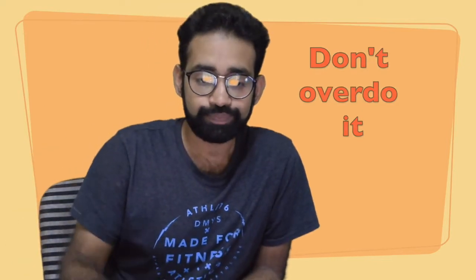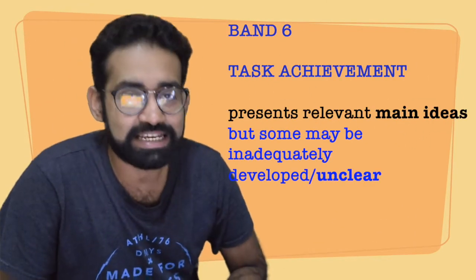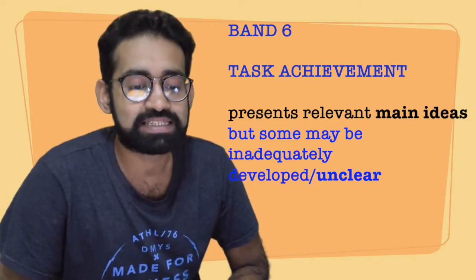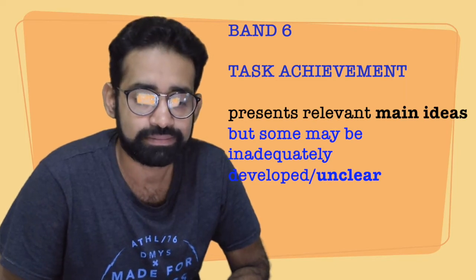Now, let's discuss the final part of task achievement. This is band 6, the second part of our final pointer: but some may be inadequately developed or unclear.